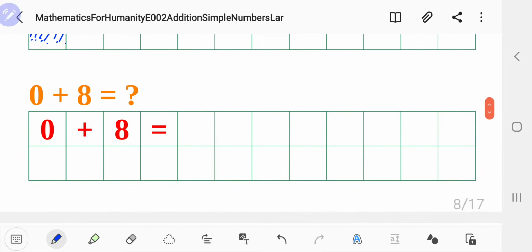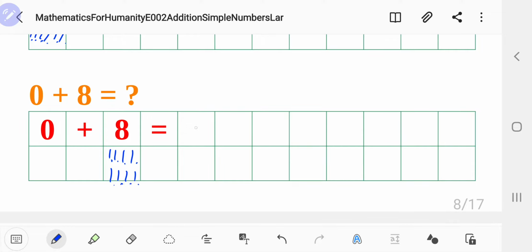This one. 0 plus 8. So you don't draw anything under the 0. But here you have 8. 1, 2, 3, 4, 5, 6, 7, 8. Then you just add all the symbols that you've drawn. 1, 2, 3, 4, 5, 6, 7, 8.